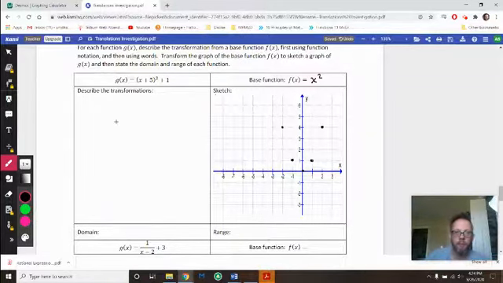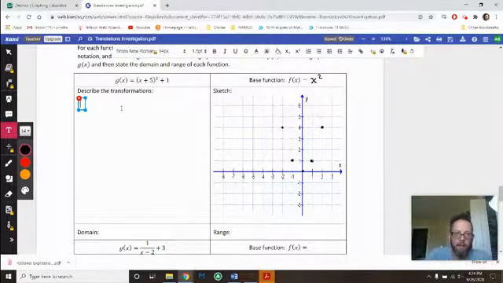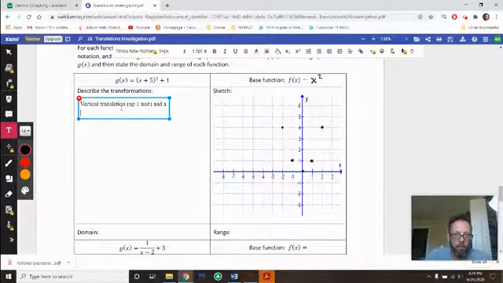So what are the transformations happening here? We have a vertical translation up 1 unit and a horizontal translation left 5 units.